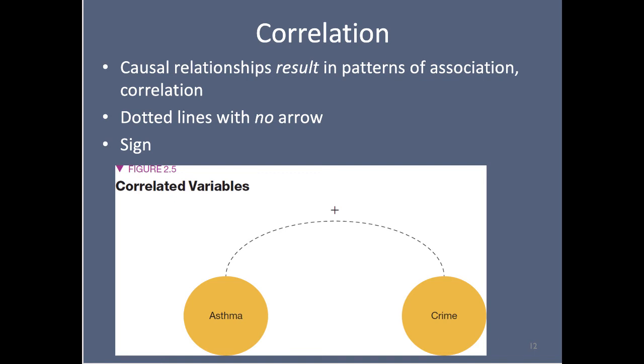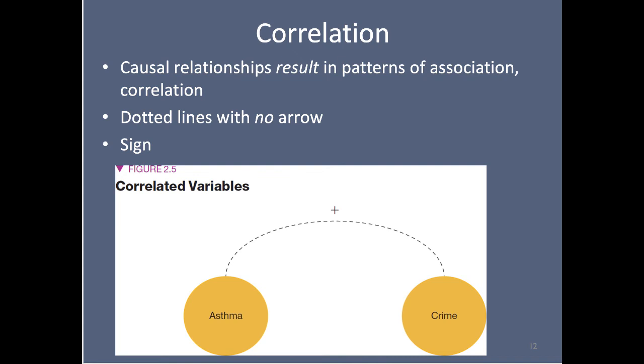So that's like we look at a data set, perhaps a cross-sectional data set of cities or neighborhoods, and we learn that where asthma is higher, crime also tends to be higher. That's a pattern of association that we observe in the data.